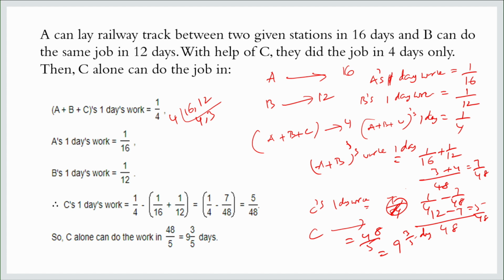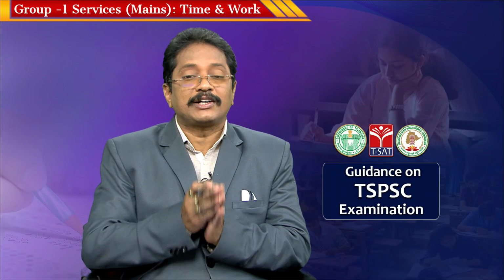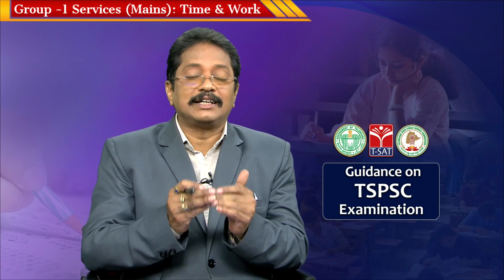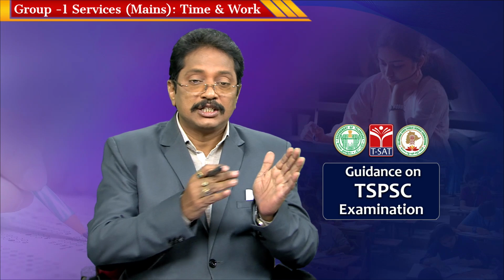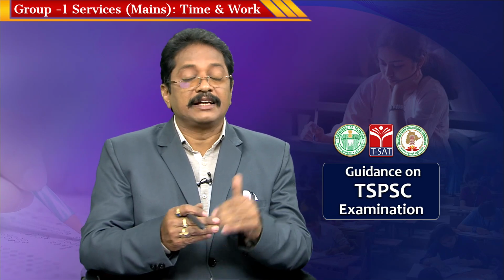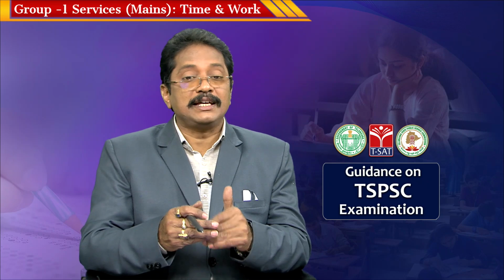Now, if you want to know the 1 day work done by C, you have to calculate the 1 day work done by A and B, because you know the work done by A in 1 day and the work done by B in 1 day.